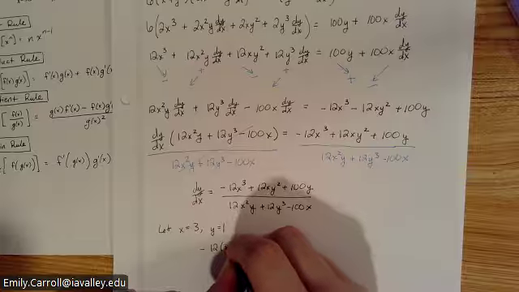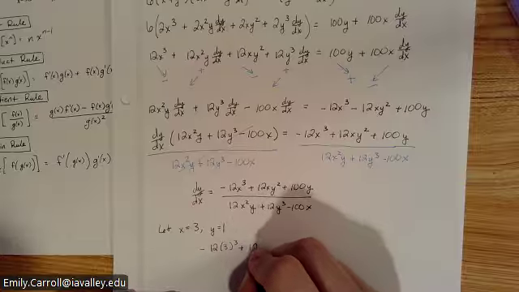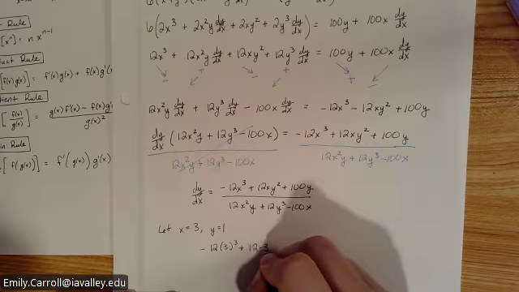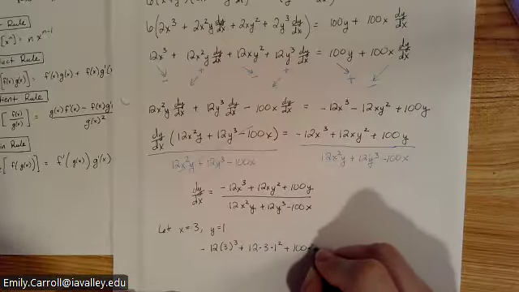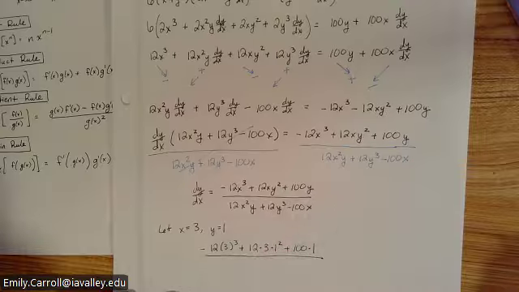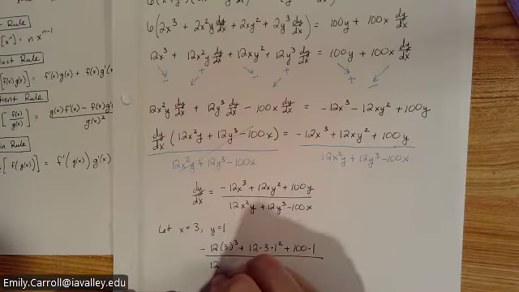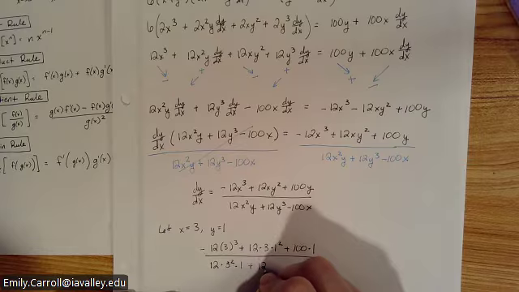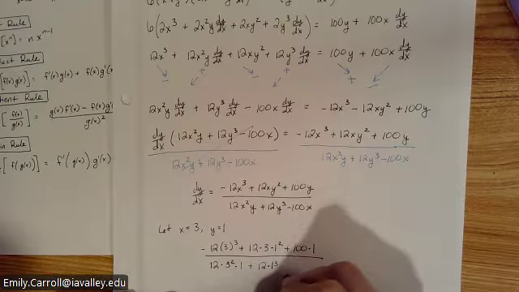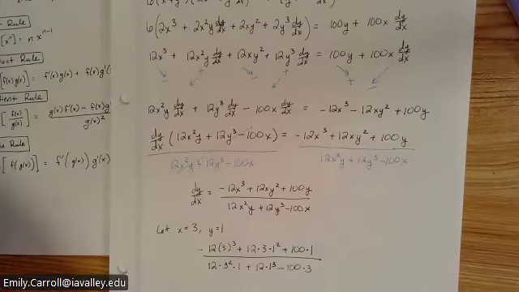Okay, so we're going to have negative 12 times 3 to the third plus 12 times 3 times 1 squared plus 100 times 1 divided by 12 times 3 squared times 1 plus 12 times 1 cubed minus 100 times 3.